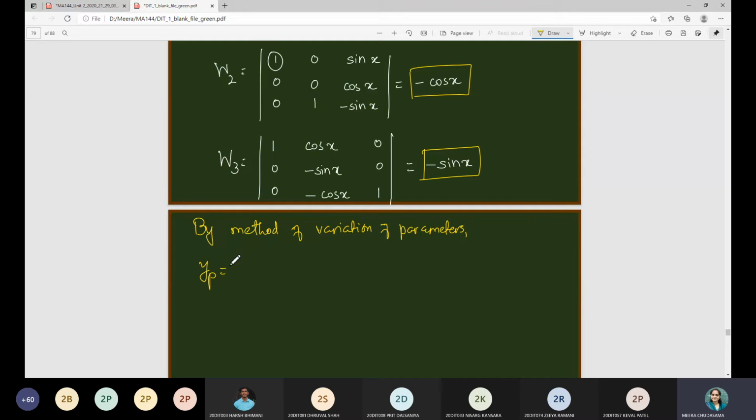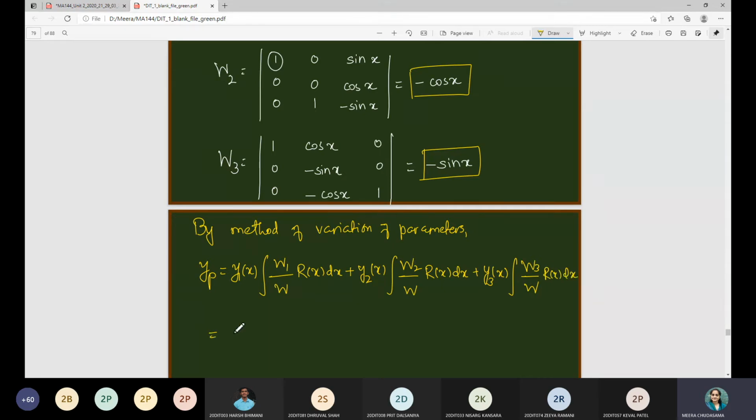Can I directly write down the formula, or should I write it with u1, u2, u3 and so on? Direct formula, very good, that is what I was also thinking. So it is y1 of x integration W1 upon W r of x dx, plus y2 of x integration W2 upon W r of x dx, plus y3 of x integration W3 upon W r of x dx.